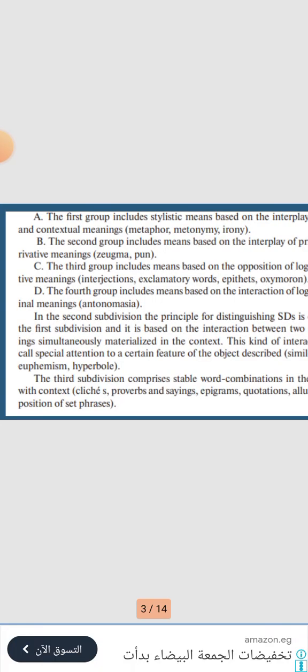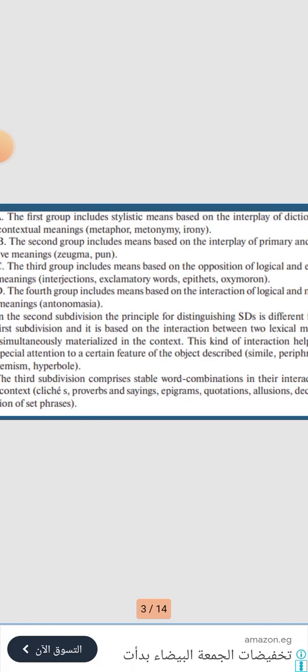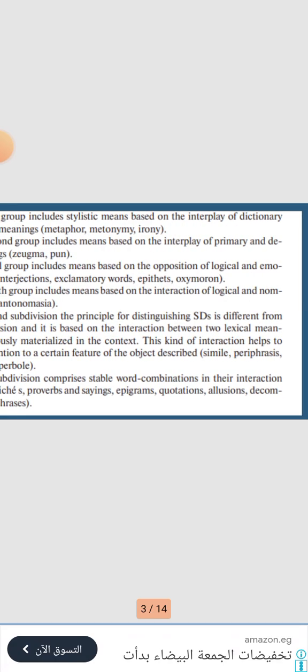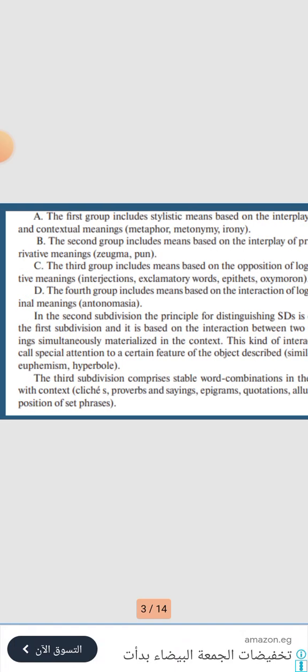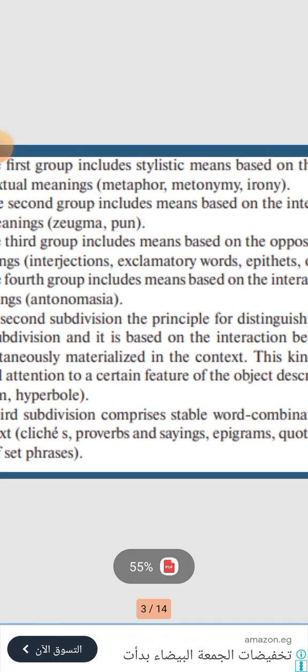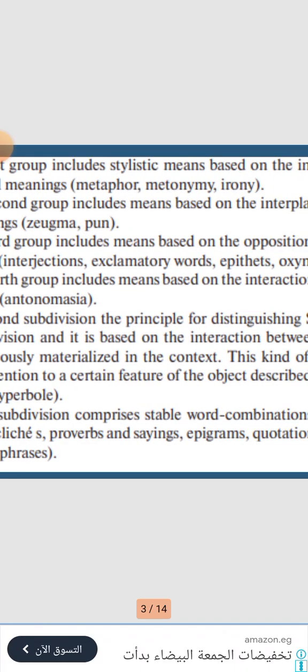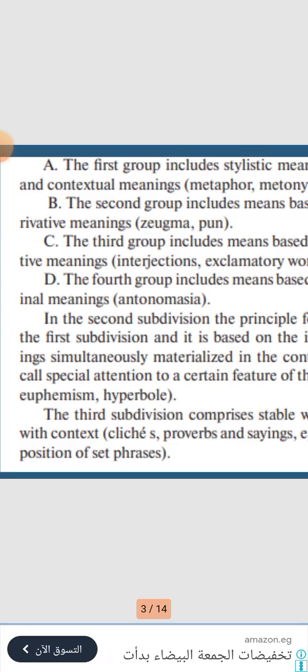The first group includes stylistic means based on the interplay of the dictionary and contextual meanings, like metaphor, metonymy, and irony.